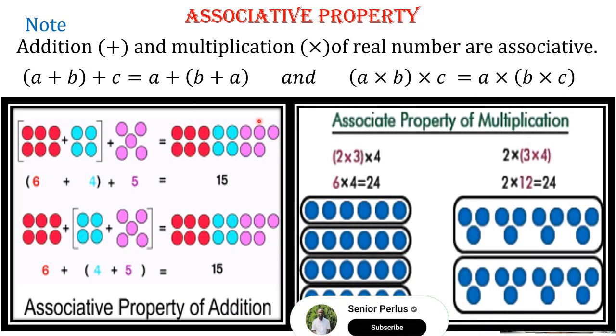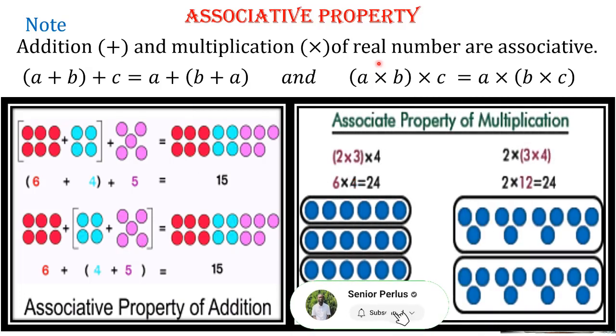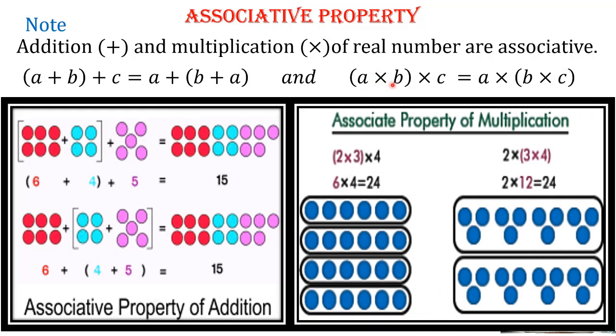Now with multiplication, we said (a times b) times c is the same as a times (b times c). So, (2 times 3) times 4. Like I said, we solve the bracket first. So 2 times 3 is 6, times the 4 here, we get 24.